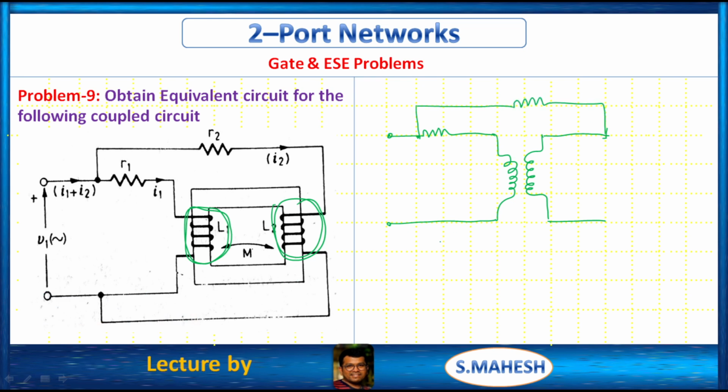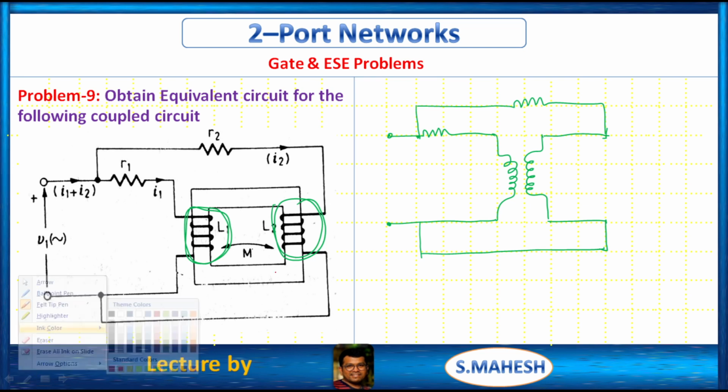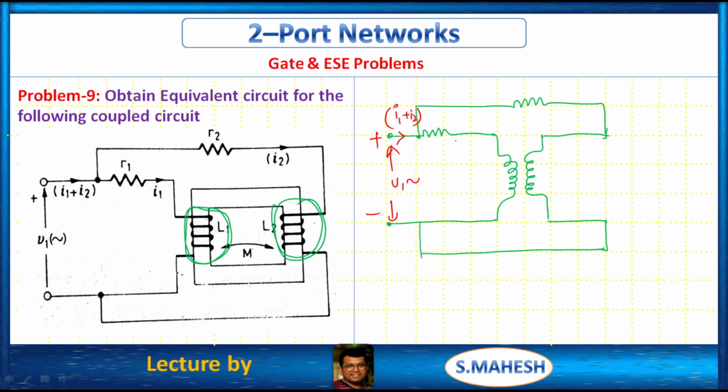Next, from this, that's it. Is there any? Yeah, plus minus V1, an AC quantity. We all know that this is I1 plus I2, clear.